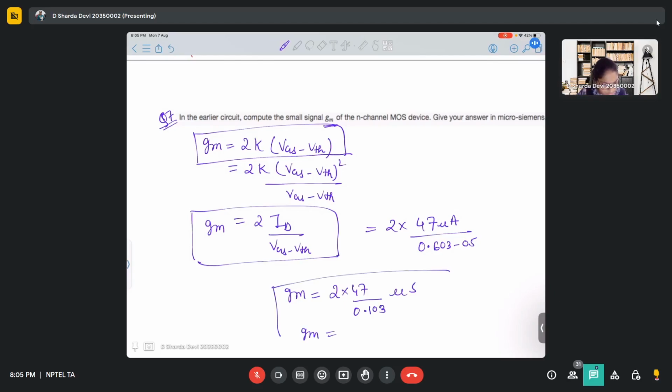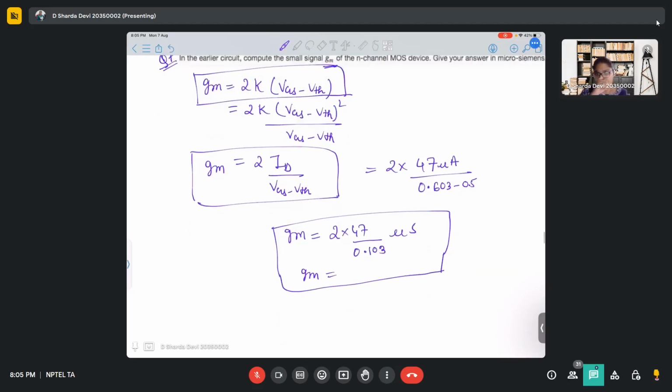If anyone has it, let me know. It will be in microsiemens, but what is the value? Maybe we can convert it to millisiemens, since the value is large. 4.91 millisiemens. Okay, maybe you can cross-check.